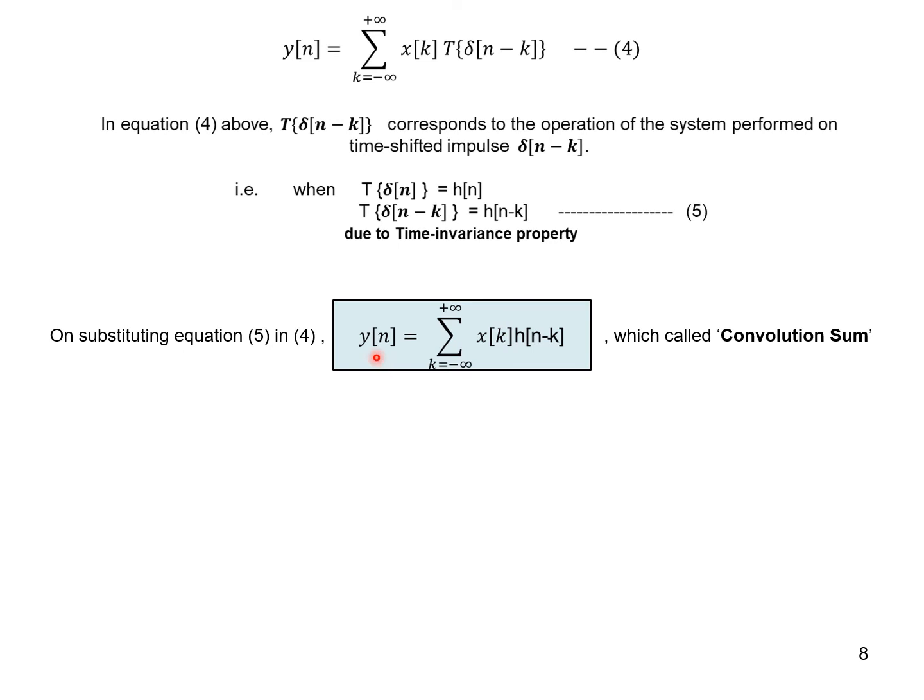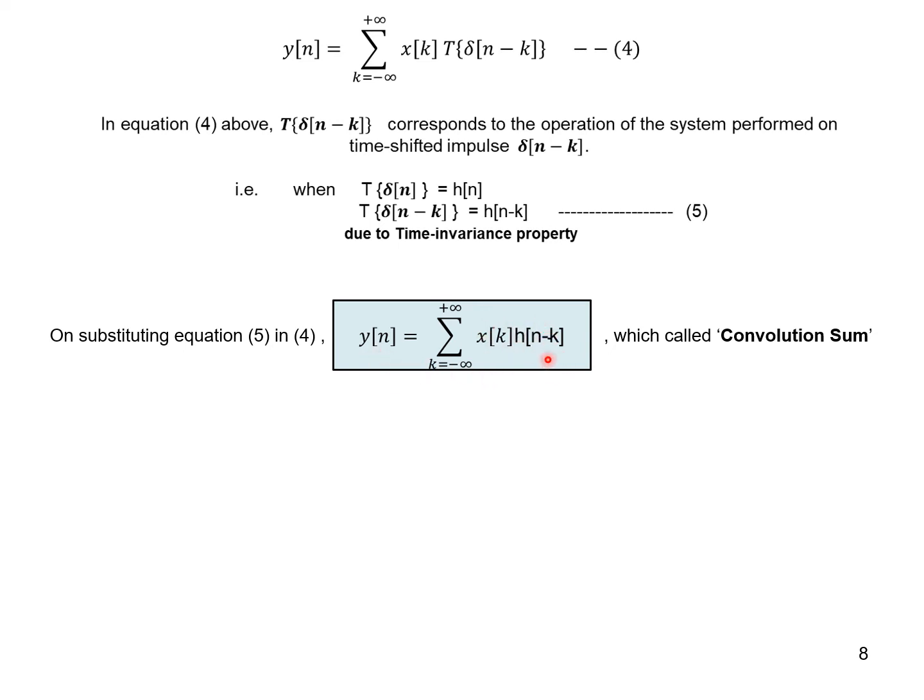See, output is nothing but the sum of time shifted weighted impulse responses, which is called the convolution sum. That is, for a DT LTI system, if you know the impulse response, then simply by performing the convolution sum, or simply by superimposing time shifted weighted impulse responses, I will get the output.